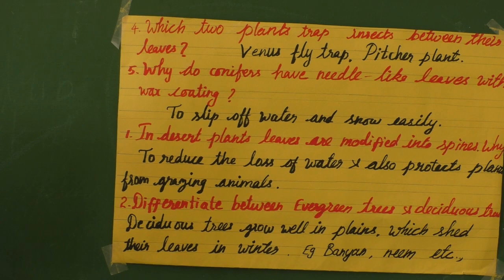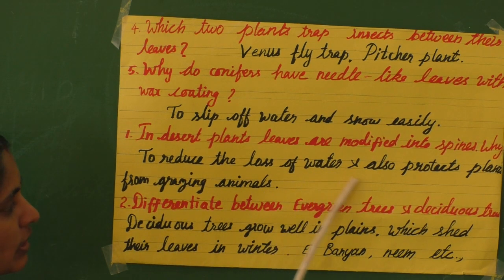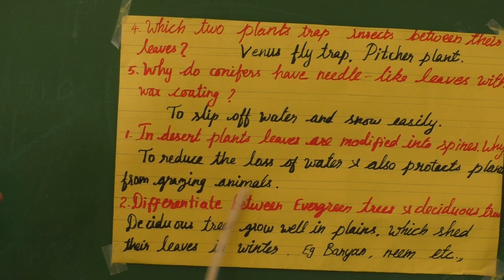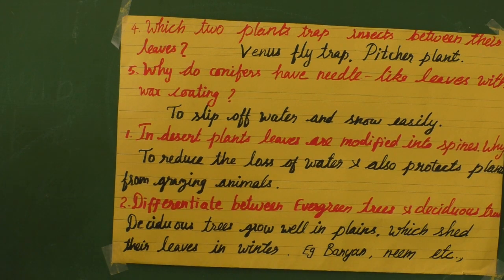What is another one reason? One is to reduce the loss of water. Another reason, it also protects plants from grazing animals. Grazing na புல் மேயிறது, அந்த செடியெல்லாம் அப்படியே மேய்ஞ்சிரும் அனிமல்ஸ் வந்து. டெசர்ட் அனிமல்ஸுக்குமே எதுவுமே சாப்பிட கிடைக்காது இல்லையா? இஃப் லீஃபெல்லாம் நல்லா ஃப்ளஷியாக க்ரீனாக பெருசாக இருந்ததுன்னா என்ன பண்ணும்?